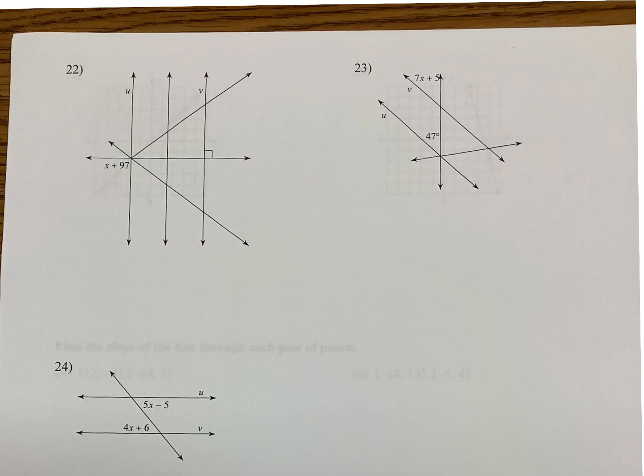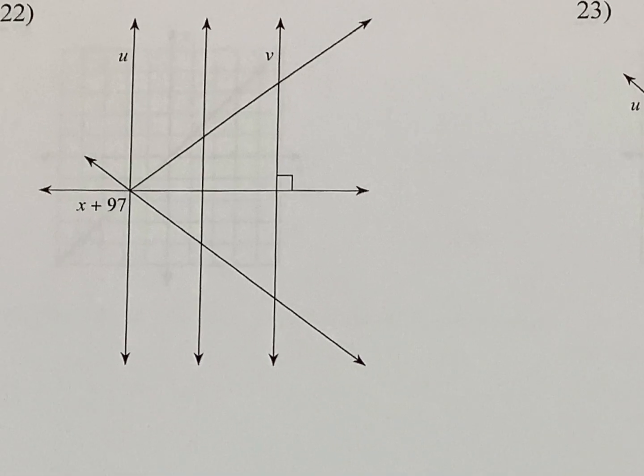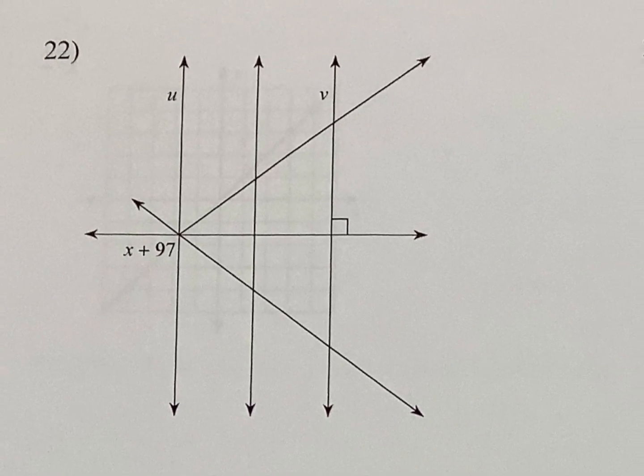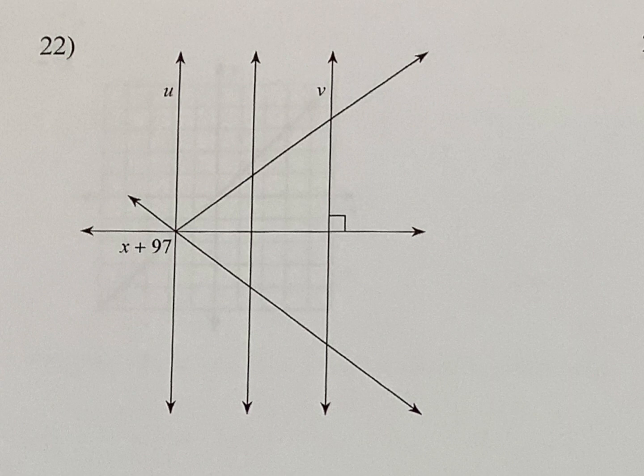All right, 22. Again, you can redraw these if you want. So we have two parallel lines cut by a transversal, this angle and that angle. So they're alternating around the transversal. So they're equal, but they're on the outsides of the parallel lines.